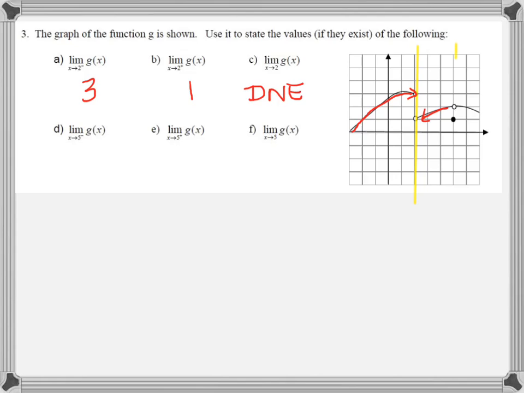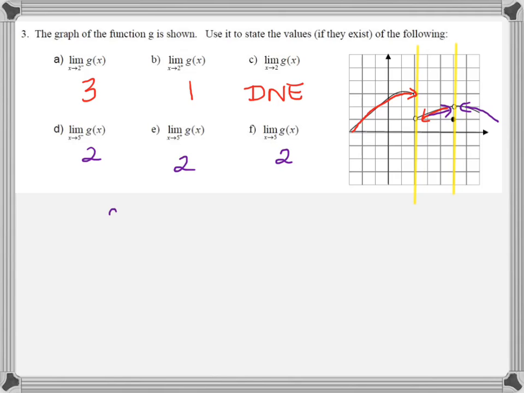Okay. For D, draw a line at 5. The limit as x goes to 5 from the left is 2. The limit as x goes to 5 from the right is also 2. Since both sides go to 2, then the limit as x goes to 5 is also 2. Now you might be asking yourself, what about that rando point that's right there below it?